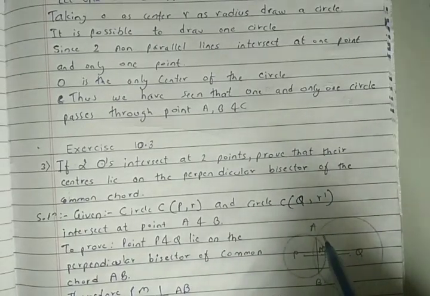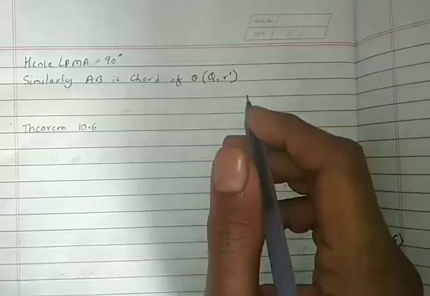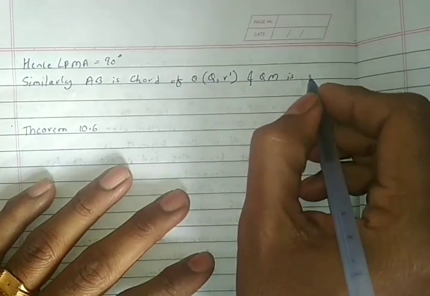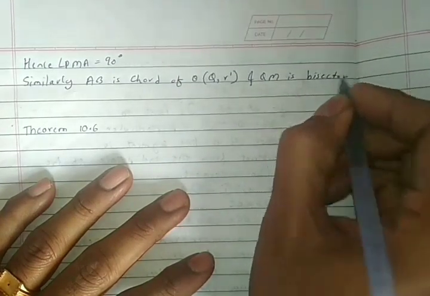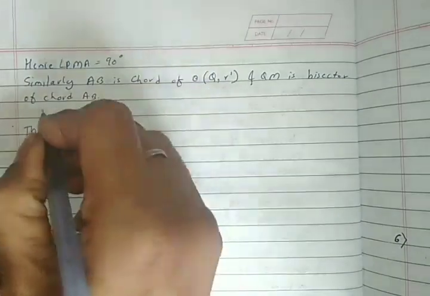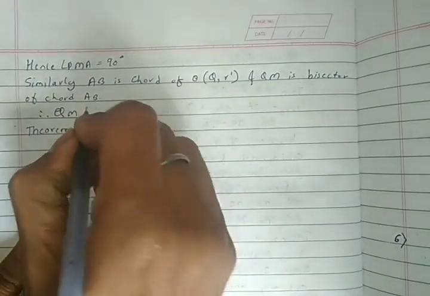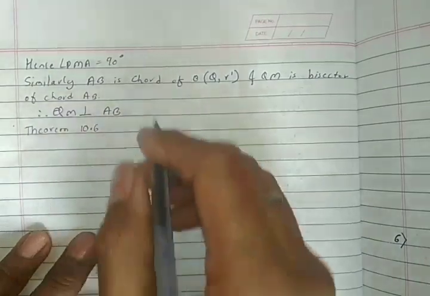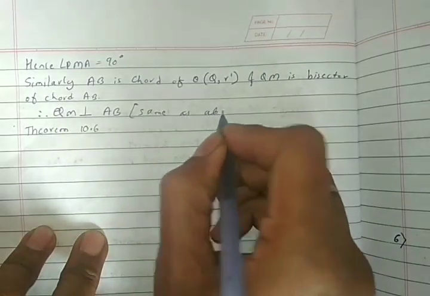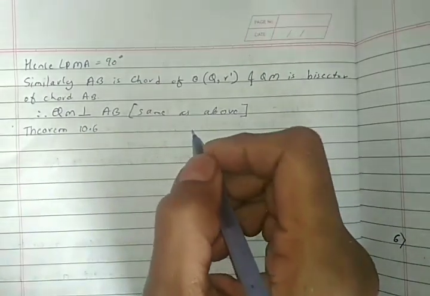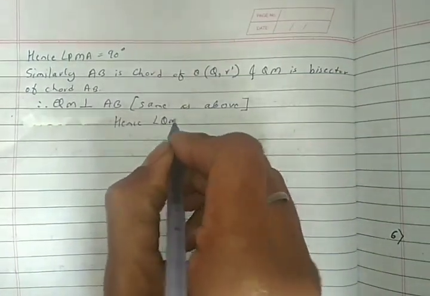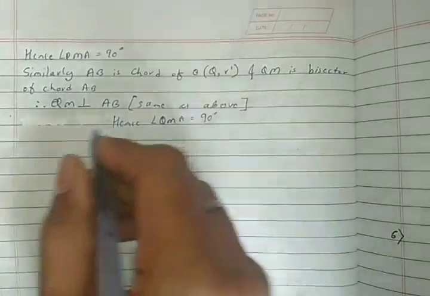So QM will also be perpendicular to AB. Therefore, you can say that QM is perpendicular to AB. The reason is the same as above. You can write it same as above. Hence, we can say that angle QMA equal to 90 degrees.